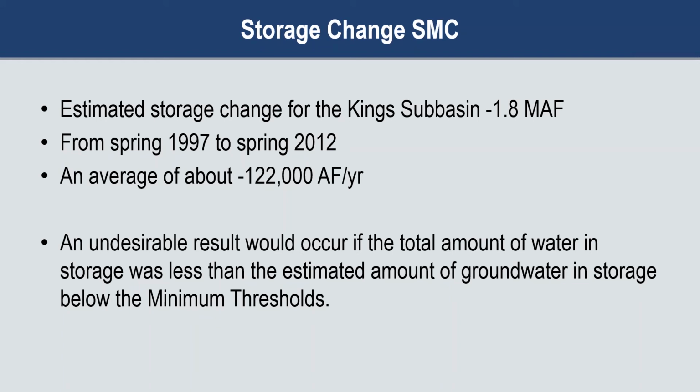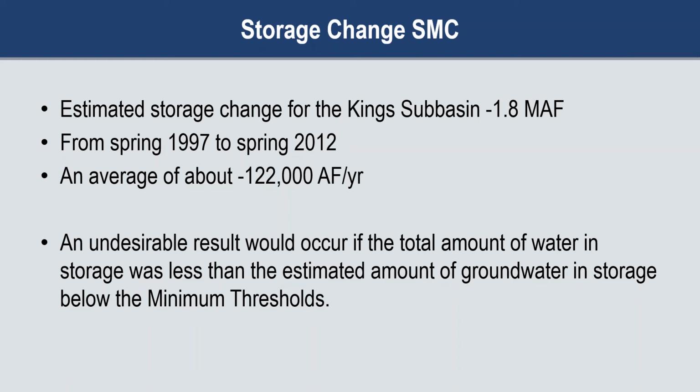So for storage change, an undesirable result would occur if the total amount of water in storage was less than the estimated amount of groundwater in storage below the minimum thresholds. So what we're saying here is we don't want the water level to drop below the water level minimum threshold. We want to keep the volume of water below the minimum threshold within the aquifer.